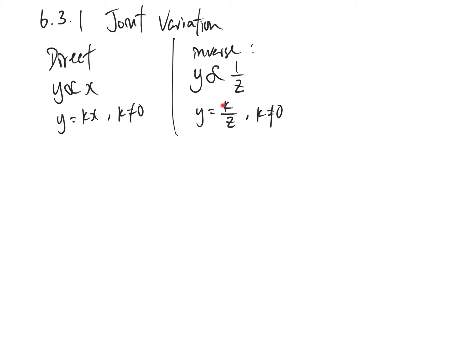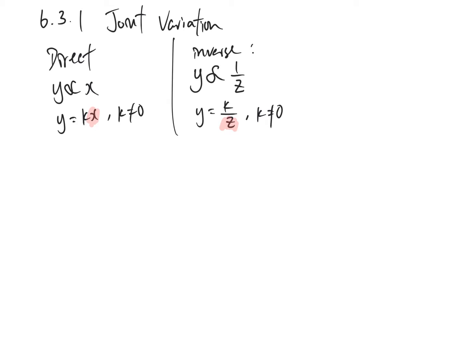So in either type of expression, only one unknown is involved on the right-hand side of the variation expression, the x here and the z here.